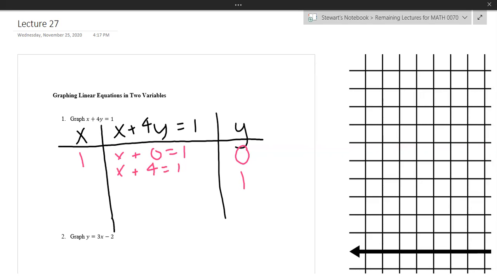So that would mean that x equals -3. And then maybe on the other side, we can try a -1. Then we have x minus 4 is equal to 1. So x equals 5.